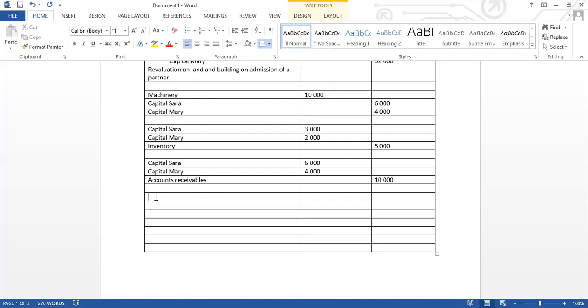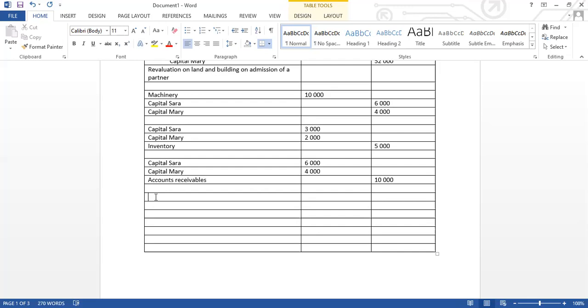And in cases where you are told that goodwill has to appear in the books of the partnership, you have to distribute goodwill two times. First, when it's raised, using the old ratio, and then secondly, you also have to use your new profit sharing ratio. Do you understand?